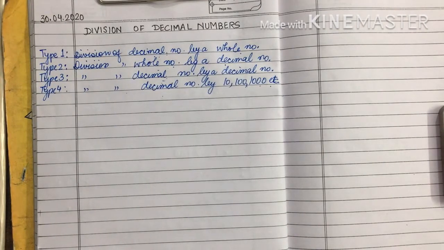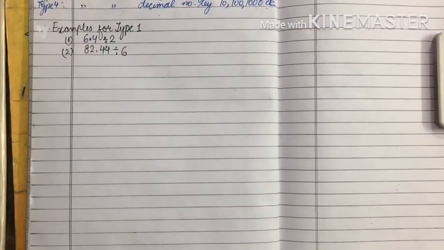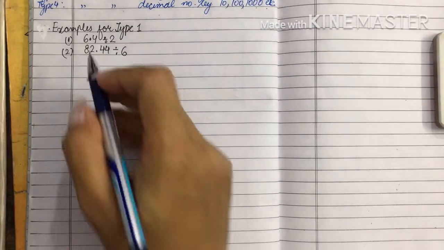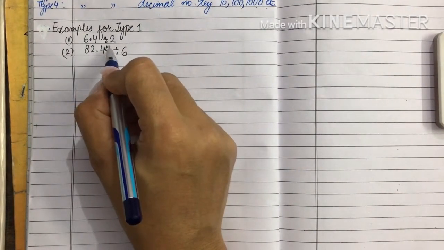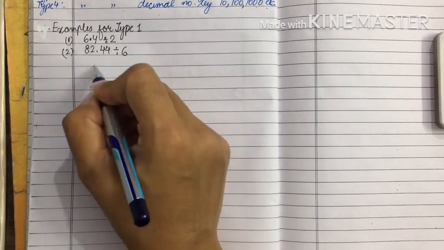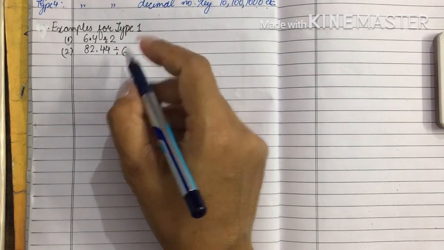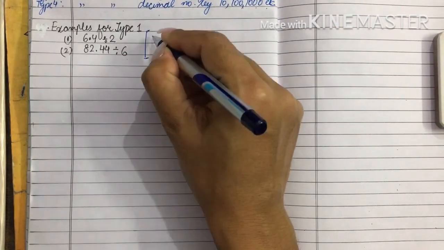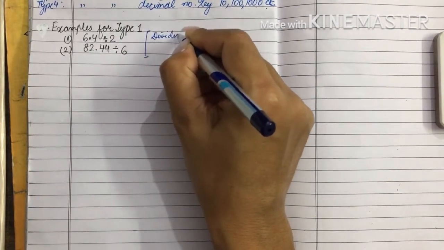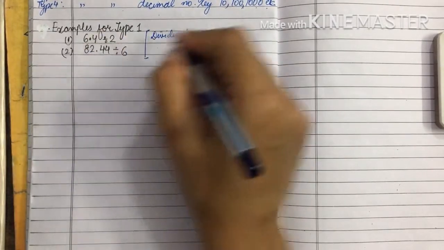Now let us look at a few examples for each type so that we can learn how to carry out the division. I have taken two examples for type 1. A decimal number divided by a whole number. So the first number is with point, the second one is without point. So you can just observe that the dividend is your first number.